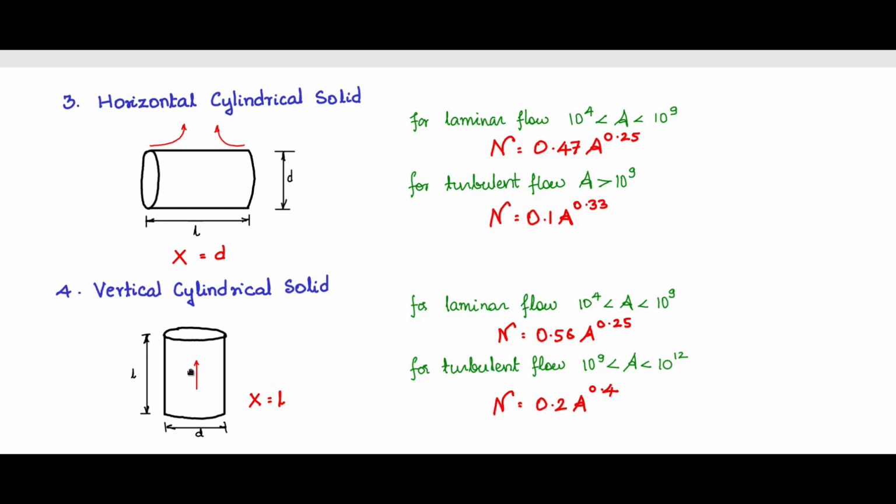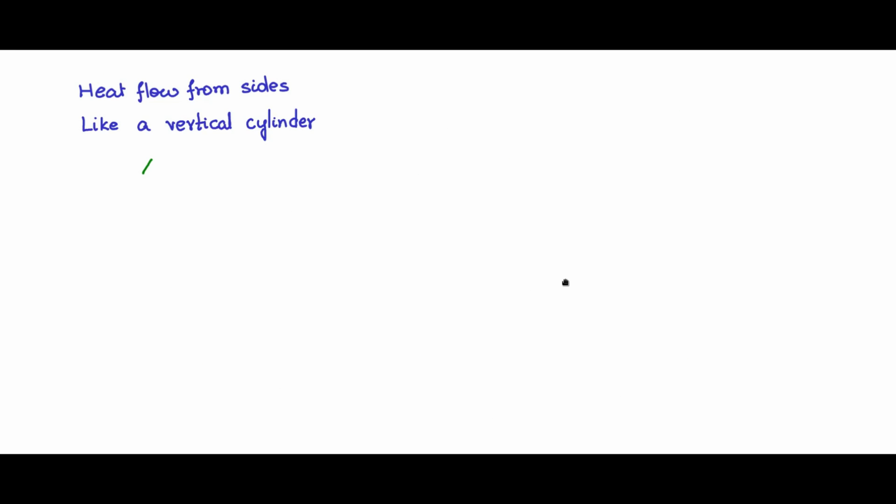We had discussed the vertical cylindrical solid and the heat flow when it is placed in this fashion, and we know that the characteristic dimension is L, which is the height of the cylinder, and for laminar flow and turbulent flow, the relationship for the Nusselt's number with respect to the Rayleigh number is given in this fashion. So X is 0.11 meter, which is the height of the cylindrical block.